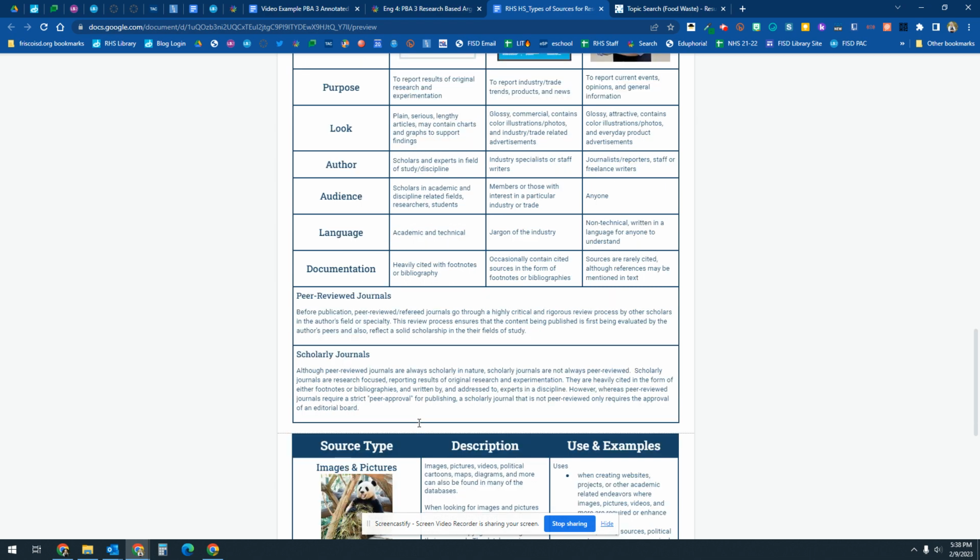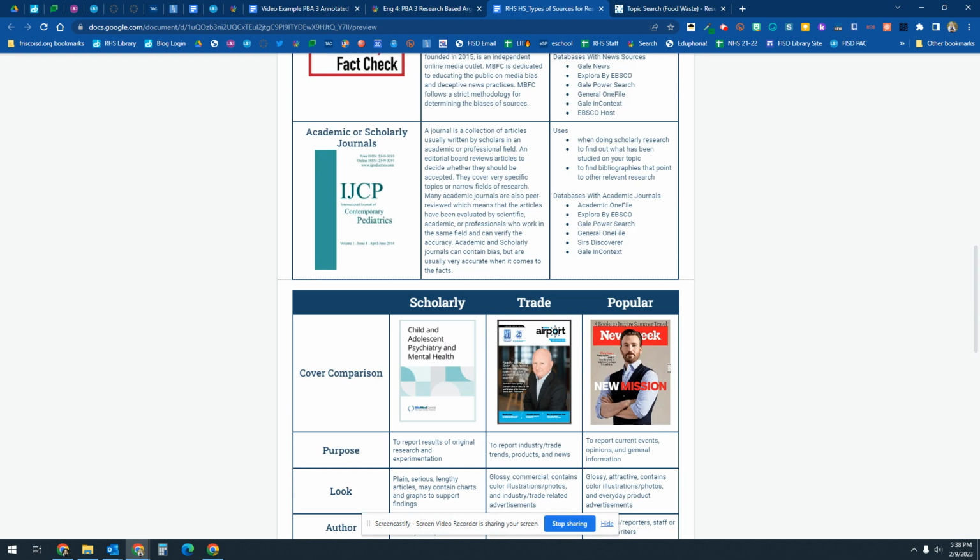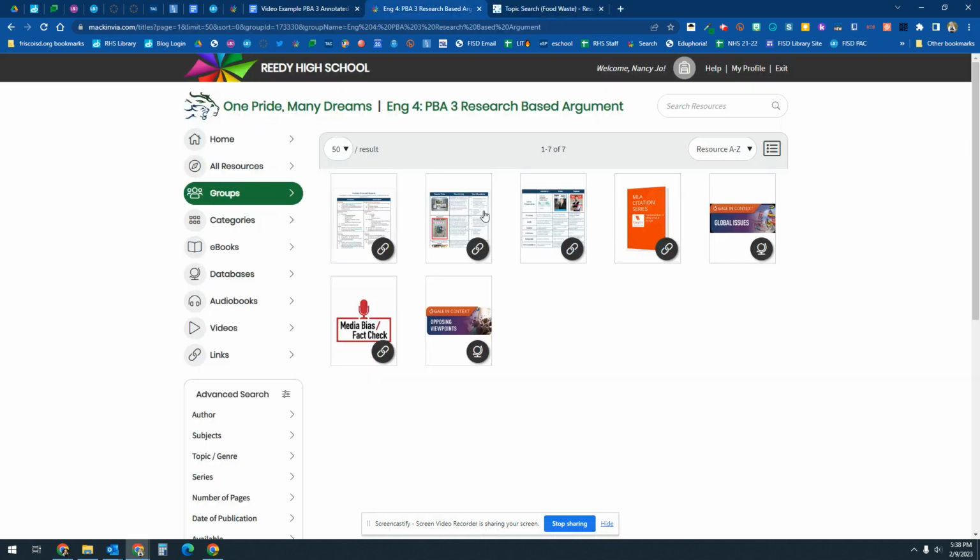So peer-reviewed journals, again, go through a highly critical and rigorous review process by people in that field or specialty before they are published. Okay. Scholarly journals, although peer-reviewed, are always scholarly in nature. Scholarly journals are not always peer-reviewed, though. So an academic or scholarly journal does not necessarily mean that it's peer-reviewed. So that's an important distinction. So this document is in your Mac and Via group, and you can refer to it at any time.